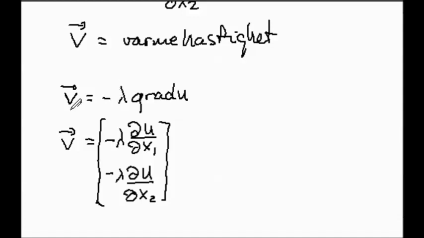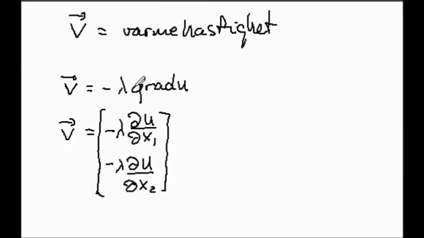The relation between the heat velocity and the gradient of U tells us that lambda measures the ability of the material to transfer heat. So if lambda has a high value, like in many materials, iron for example, metals of various kind, then lambda must be very large. It's very low for insulating materials.